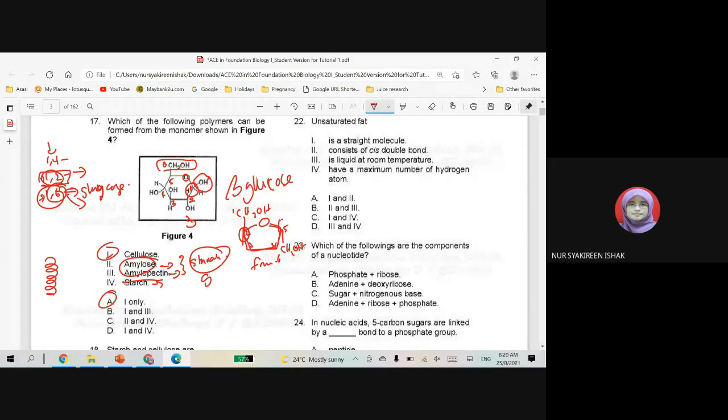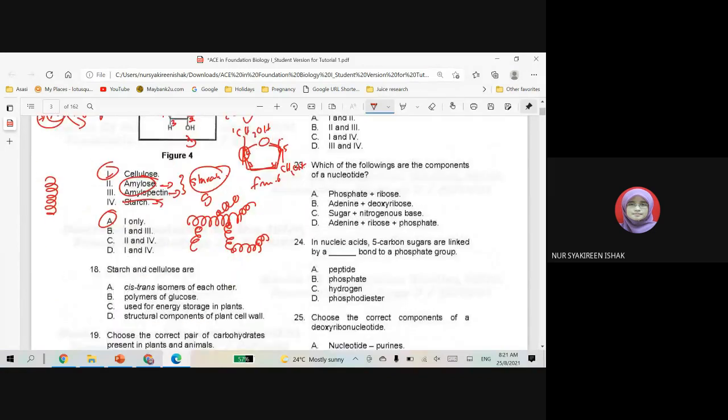But amylopectin is helical and then you have branches, and where you have branches is 1,6. Glycogen has more branches. Its structure is similar to amylopectin, except that it is more complex because it has more branches.